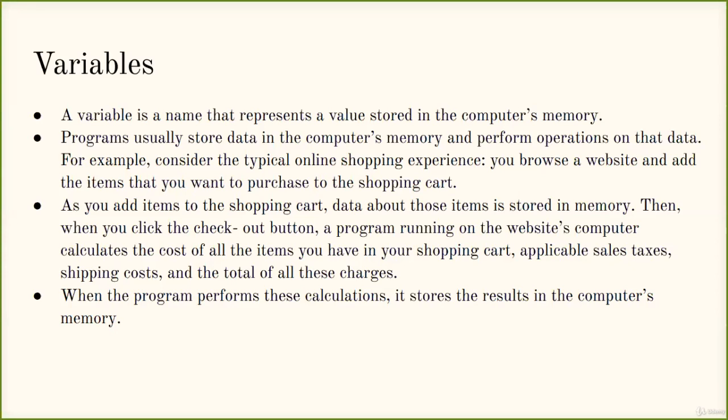So that is how Amazon is able to bill you for the items in your shopping cart. It uses variables. Okay, so let us try to understand what kinds of variables we can use in Python.